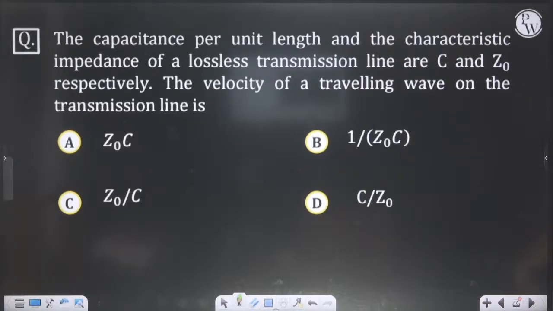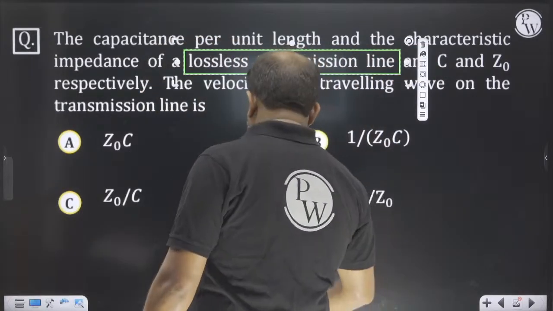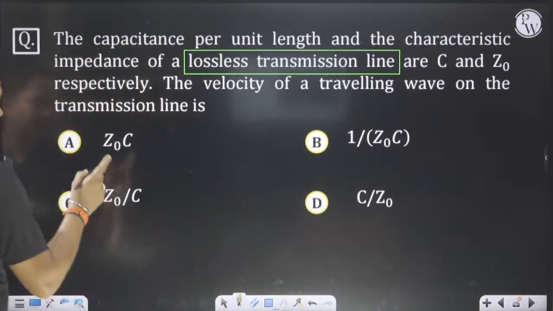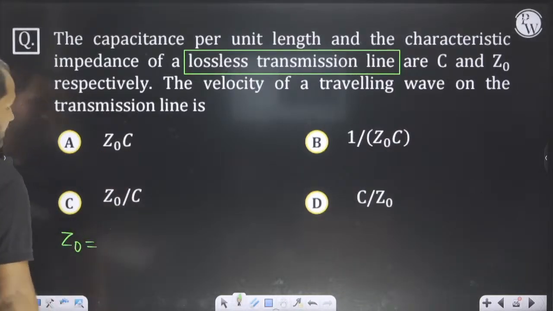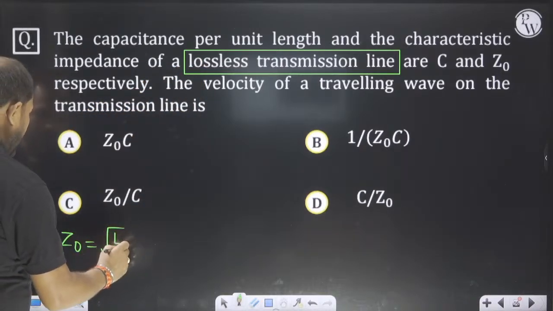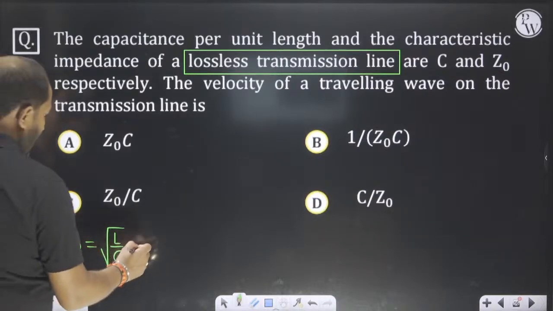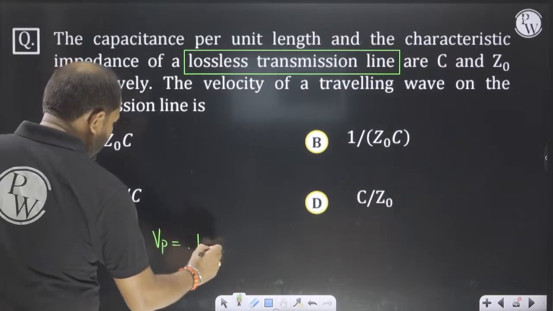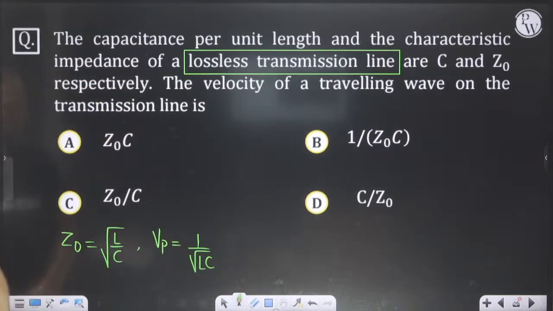Then capacitance per unit length and characteristic impedance of a lossless transmission line. It is given C and Z0, where C is capacitance per unit length and Z0 is characteristic impedance. For lossless transmission line, Z0 is root of L by C. Phase velocity, as we have studied, is 1 by under root LC, and they are asking what is phase velocity.